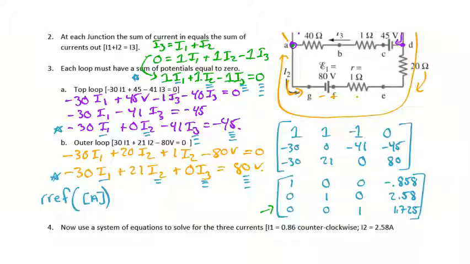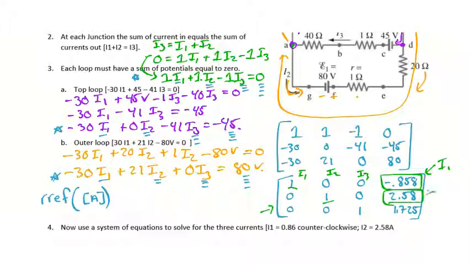So now we need to interpret it. Well, remember, our first column was I1. Our second was I2. Our third was I3, and so on. So it turns out that I1 is this value, which means that this is current 1. Current 2 is this value.